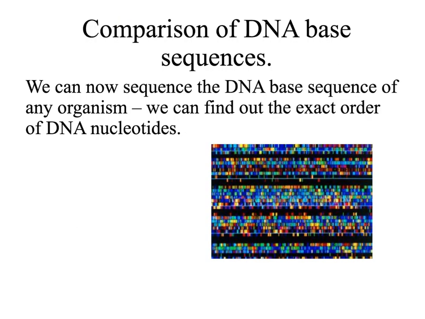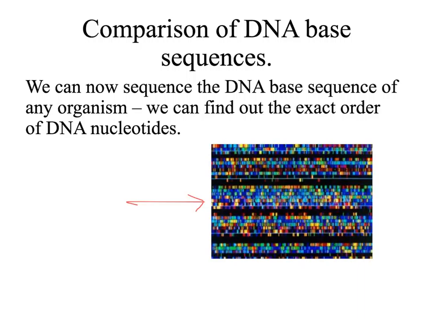So our major advance in investigating diversity is the fact that we can now compare the DNA-based sequence of pretty much any organism that we want to. Now, this lovely little picture here represents just a very small section of DNA-based sequence that has been identified and is being displayed as a result of a bit of fancy computer programming.